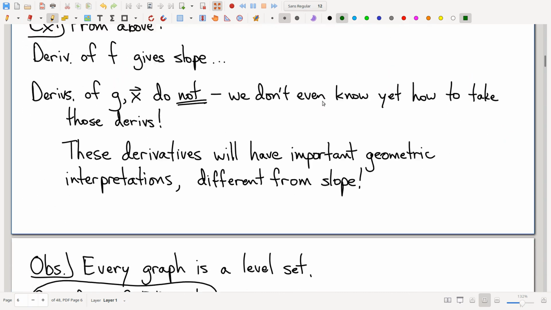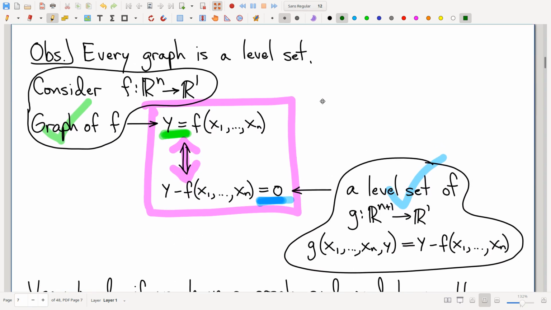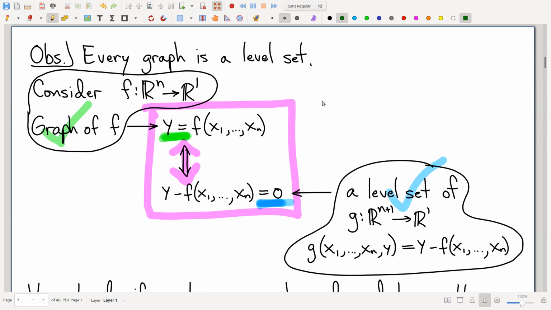So here you go. The first function, the function whose graph we're looking at, is called f. It has n input variables and one output variable.